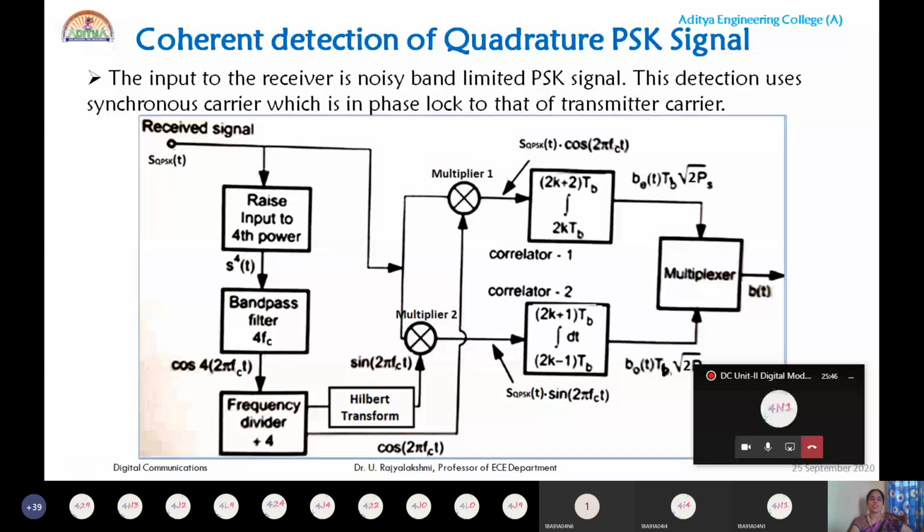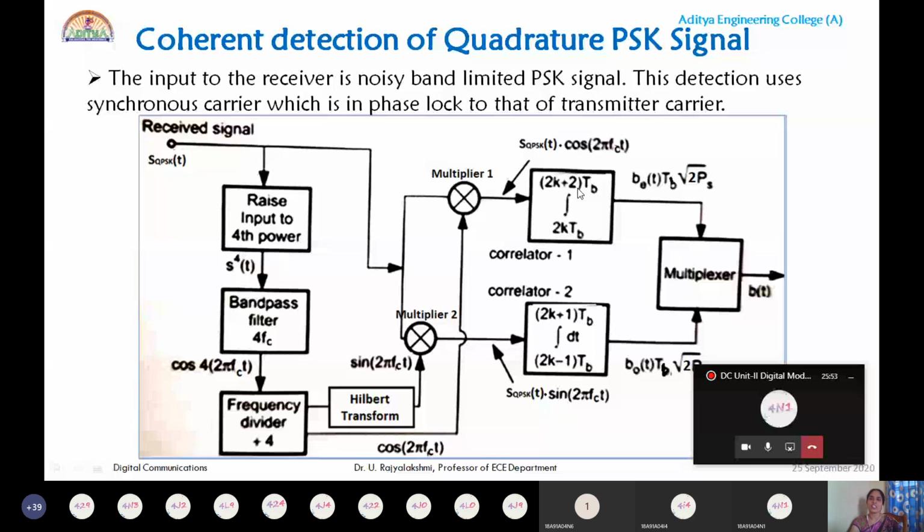For example, put k equal to 0, then it is from 0 to 2 Tb. K equal to 1, so 2 Tb to 4 Tb. Similarly k equal to 2, 4 Tb to 6 Tb. So anyhow, the low pass filter used in correlator 1 performs integration for the even intervals.